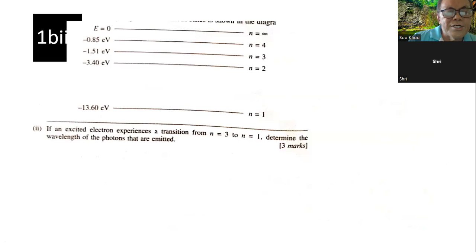If the excited electron experiences a transition from n=3 to n=1, determine the wavelength of the photon that is emitted. Okay, how to do that? What formula to use?